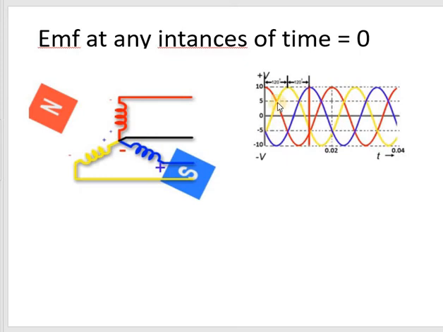If you look here, the total EMF of red and yellow makes 10, and the total EMF for blue phase is -10. That makes up the EMF to be 0.